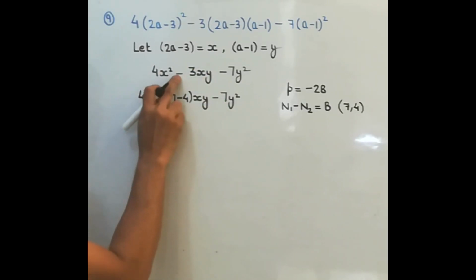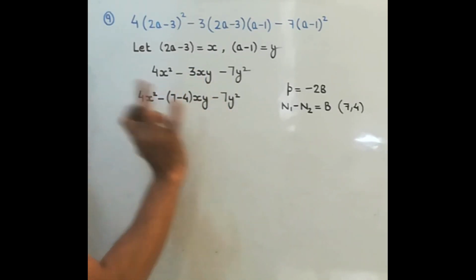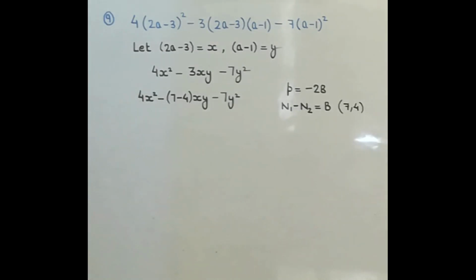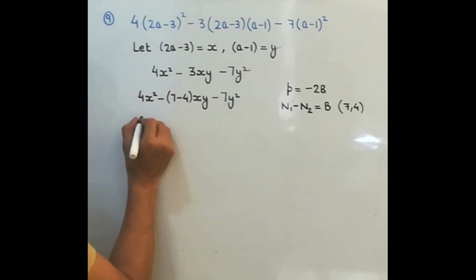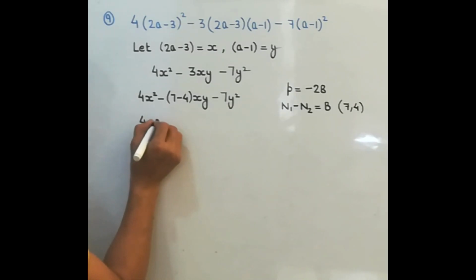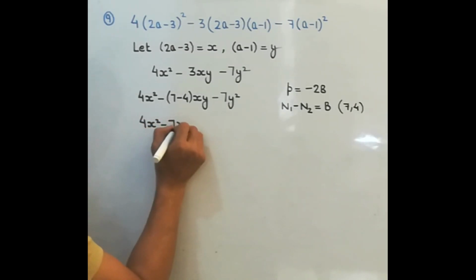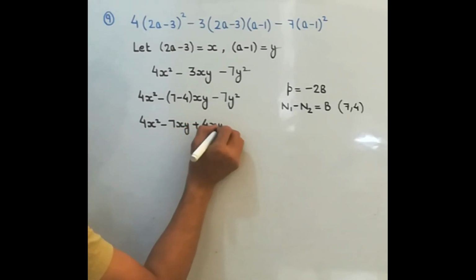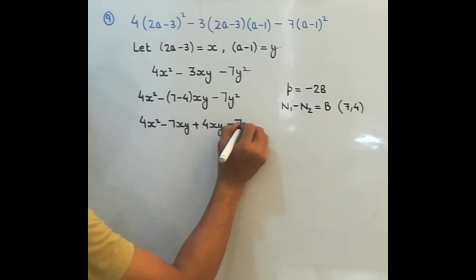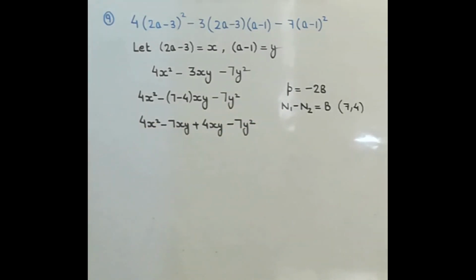No change of sign. This minus remains minus, xy remains xy. No other change. Only b will be replaced. Now for grouping, you will open this bracket. You get it like this.